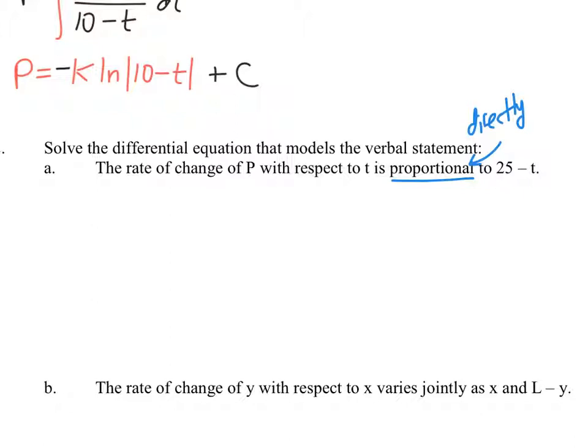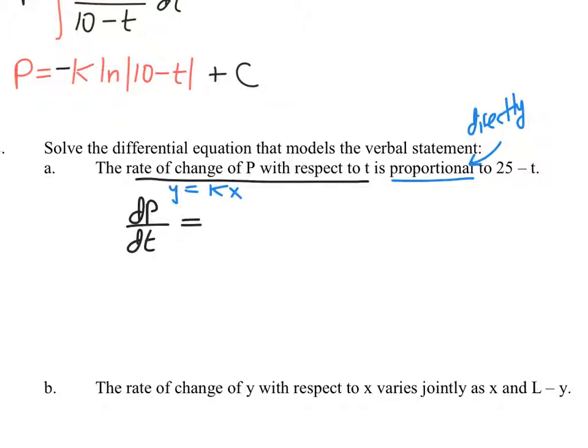All right, so the rate of change of p with respect to time, I'm assuming time, dp dt, equals, proportional, which means it follows the model y equals kx. This is the model from way back in Algebra 2. That's the model we're following, y equals kx. So dp dt takes the place of y.